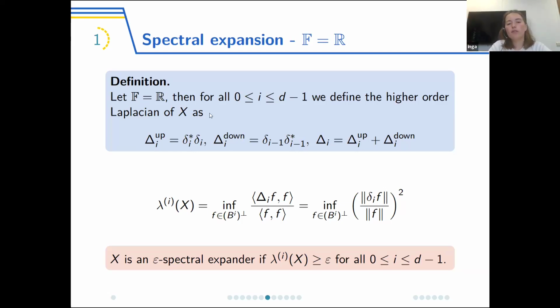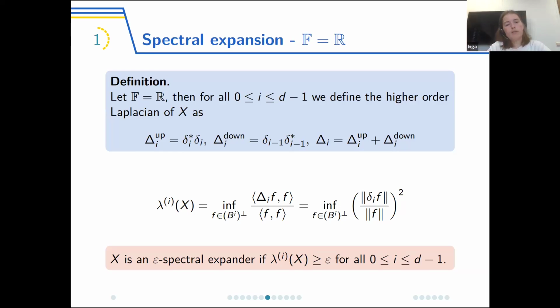Or we could first go down with the dual of delta i minus 1 and then go up. And it turns out if we sum those two operators, we get something that is a reasonable generalization of the Laplacian to this higher dimensional setting of simplicial complexes.